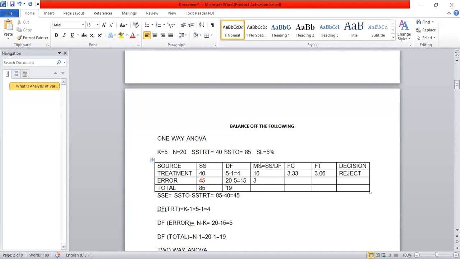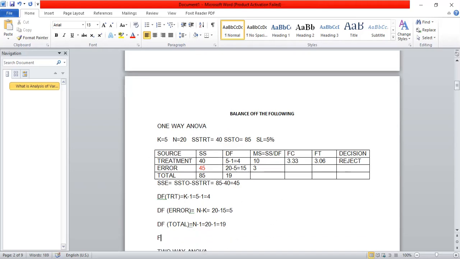Then to find the mean of squares, we simply divide the sum of squares over the degree of freedom. So 40 divided by 4 is 10. 45 divided by 15 is 3. Then to find the F calculated, we divide. What is this 10? It's called mean square treatment.